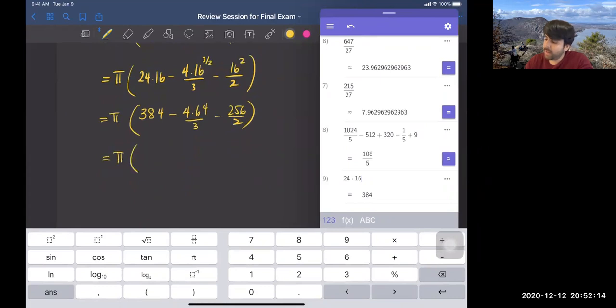So then 4 times 64, 256. So this should be 384 minus 256 over 3 minus 256 over 2.